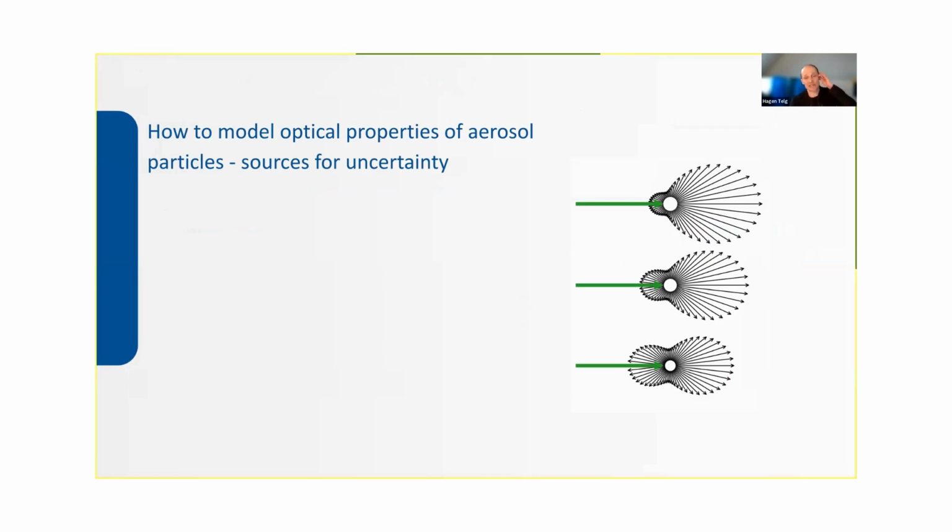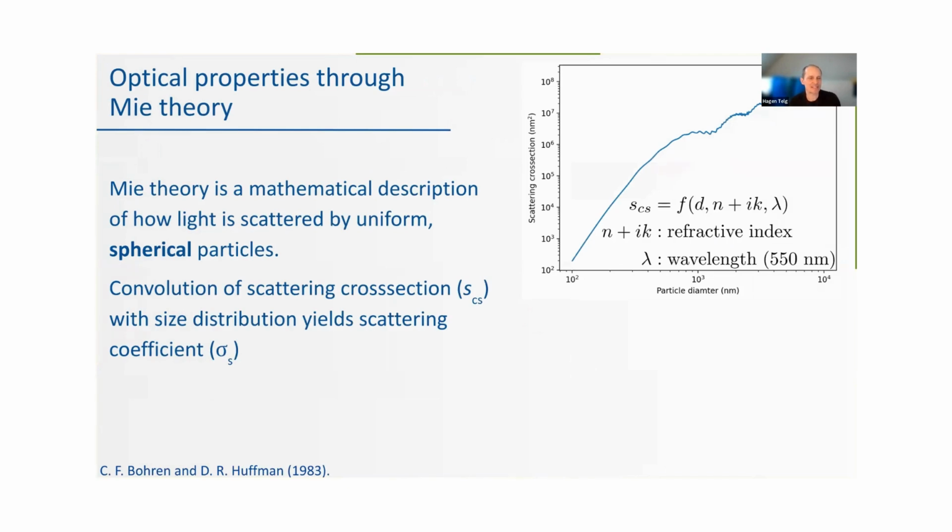Okay, so much about the instruments. In the next part of the talk, I will talk about how to calculate the optical properties from this, and what the sources for uncertainties are here. And so let's remember that I'm dealing with Mie theory, like what are the uncertainties from when you use Mie theory.